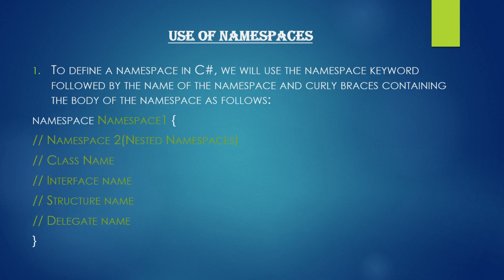Like I am going to create a namespace with the name namespace one. Then I'm using curly braces open and close. Inside the namespace, we can also define namespace 2, that will be known as a nested namespace, and after that we can define class name, interface name, structure name, delegate name, and whatever we want to use, we can use here.